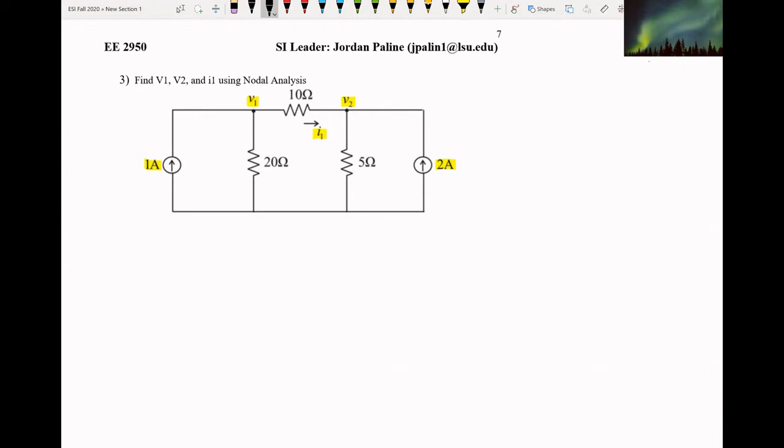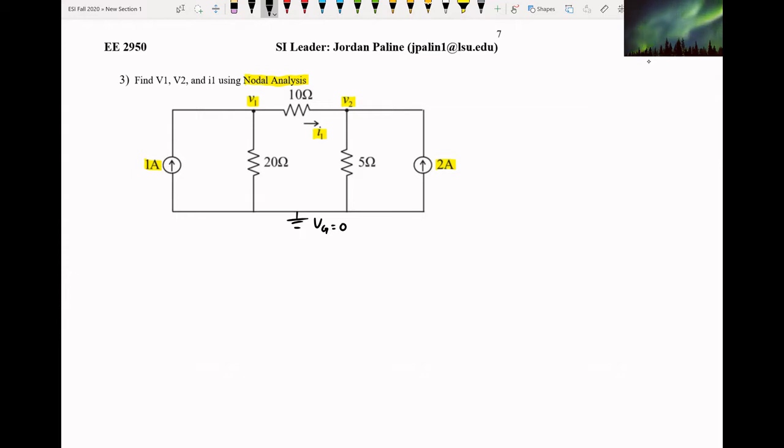All right, so if we're using nodal analysis like they ask us to, something we're going to do at first is drop a ground somewhere. So 1, 2, 3, V of G is equal to 0.